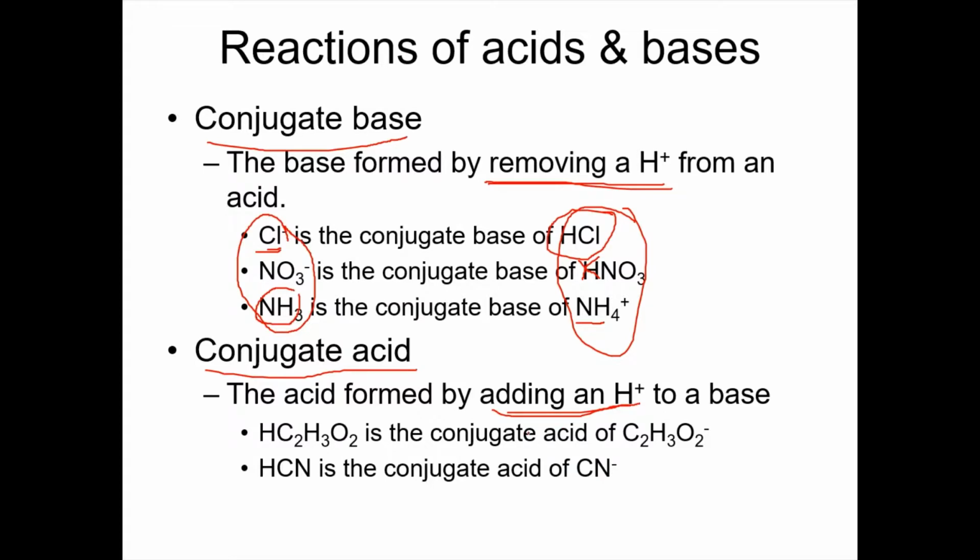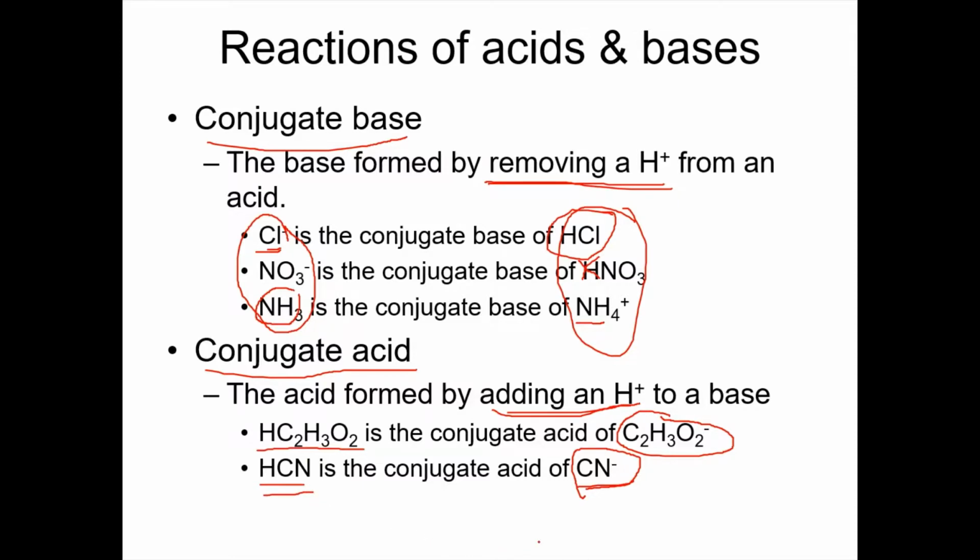Well, you get a conjugate acid when a base does what a base does, which is add a hydrogen ion to it. Right? So if you start off with an acetate ion, and it picks up a hydrogen, it forms acetic acid. Cyanide ion also is a base, and if it picks up a hydrogen from water or from somewhere else, it forms HCN, hydrogen cyanide.